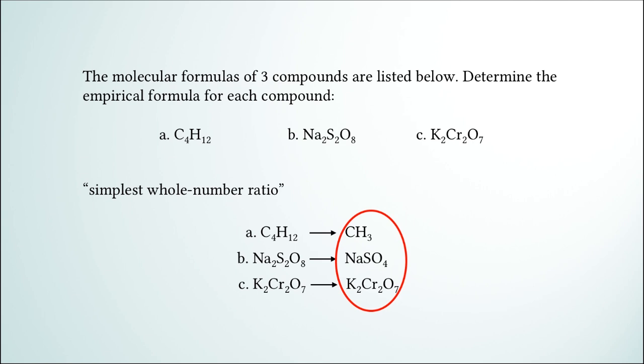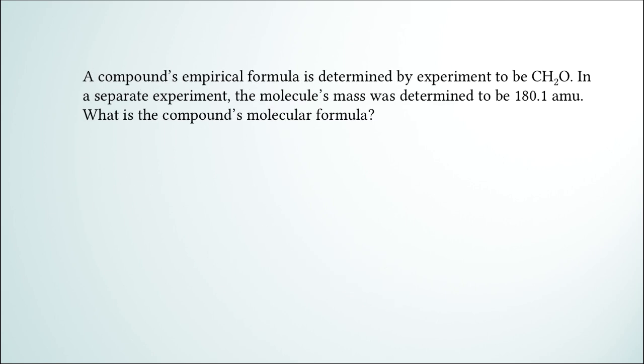And if we have the empirical formula for a compound and can find that molecule's mass, we can calculate the molecular formula. A compound's empirical formula is determined by experiment to be CH2O. In a separate experiment, the molecule's mass is determined to be 180.1 AMU. What is the compound's molecular formula?